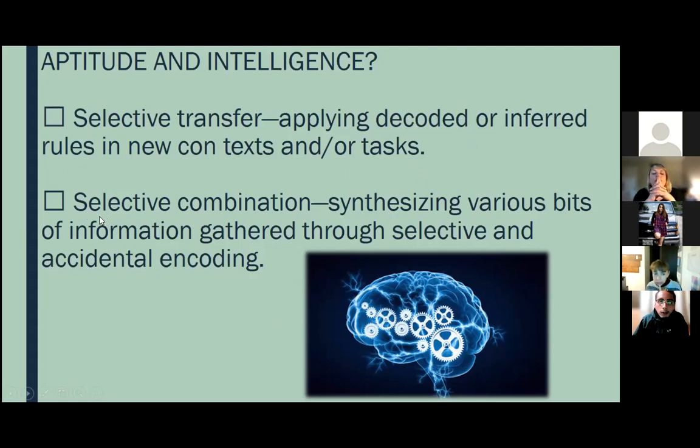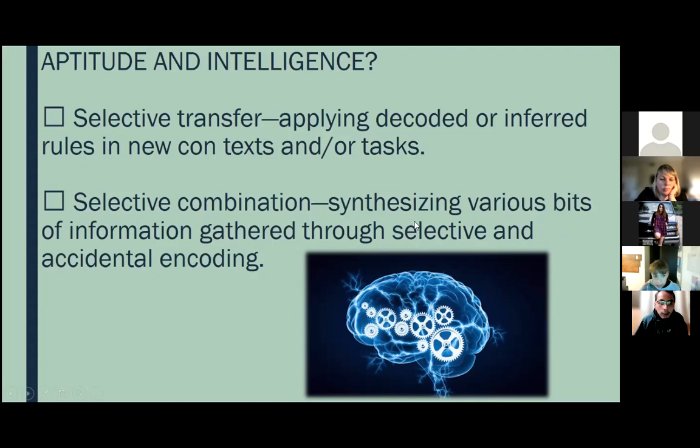And also aptitude is related to selective combination. That means going beyond in the knowledge triangle: when you try to analyze, to synthesize, and to create new knowledge. The selective combination could be the highest step of the knowledge pyramid.